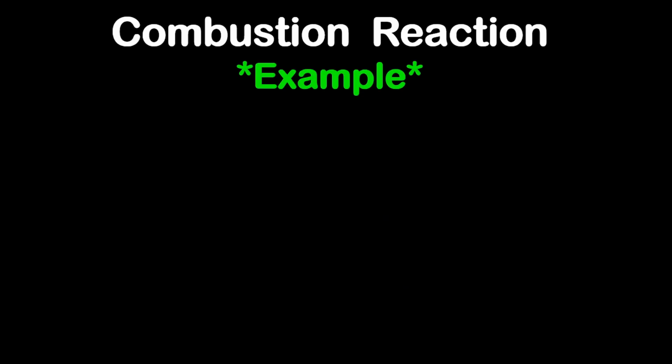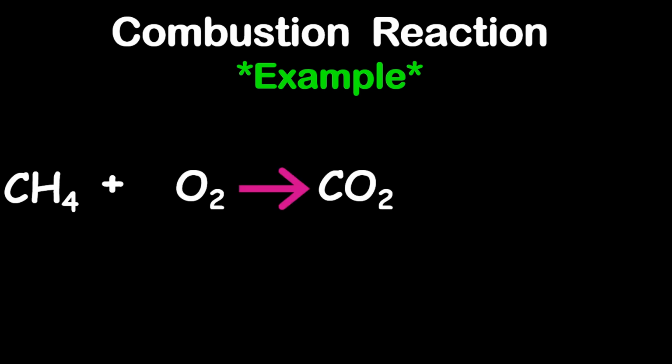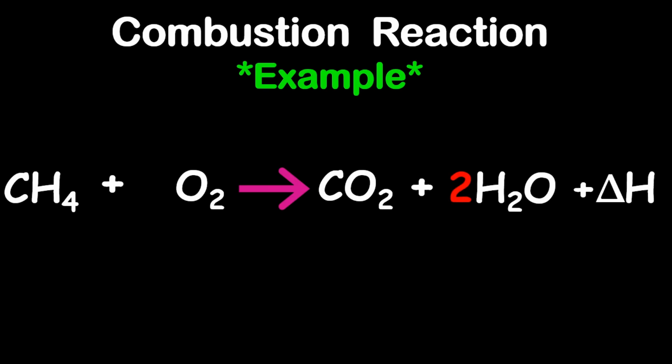In this case, we can react methane with oxygen to produce carbon dioxide, water, and energy. Check and see if this equation is balanced. If it is not balanced, then we balance the equation by placing the numbers at the appropriate molecule or atoms.